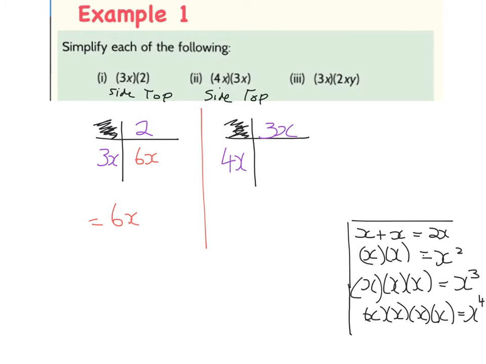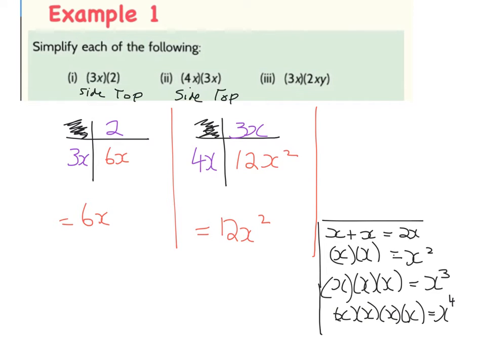So 4 multiplied by 3 gives me 12. Next I'm going to multiply my letters, and it's x multiplied by x, and x multiplied by x is x squared. So the answer to this question here is 12x squared.